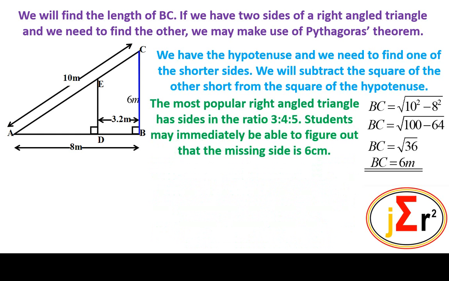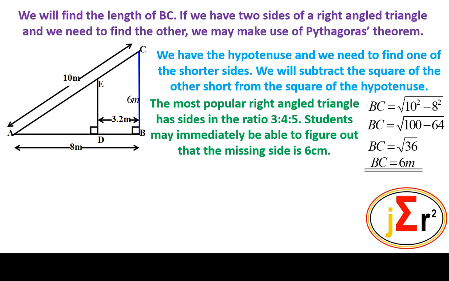In another twist to the solution of the problem, the most popular right-angled triangle has sides in the ratio 3 to 4 to 5. So we say that it is a 3, 4, 5 right-angled triangle. Students may immediately be able to figure out that the missing side is 6 centimeters.